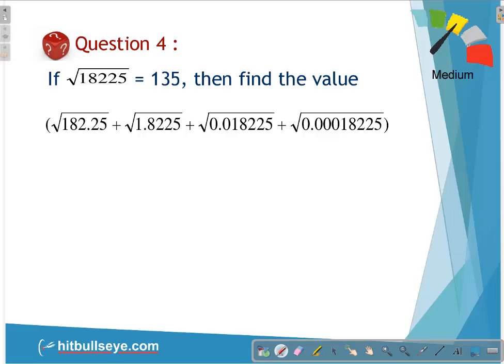Now in this question, friends, I'll teach you one more trick, that is how to find the root of decimal numbers. Now very first step is we must check that each of the numbers should have an even number of decimal places.